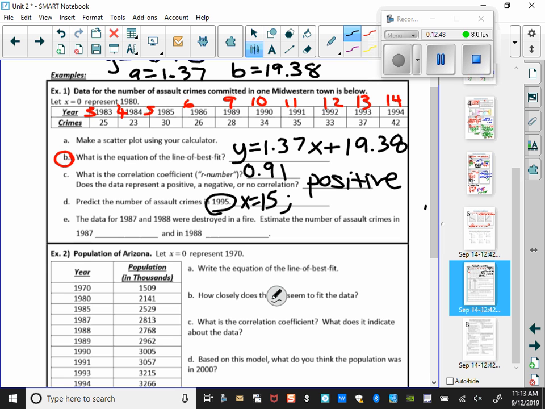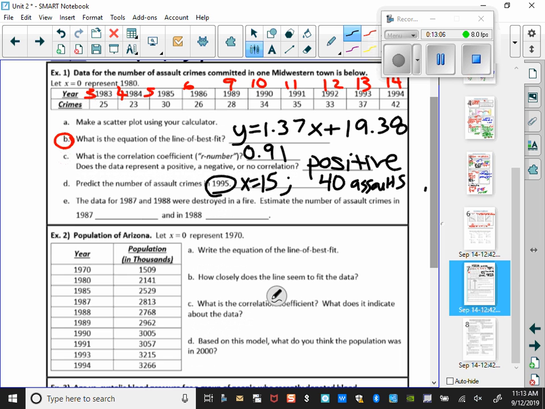Can I have 0.92 of an assault? Not really, so let's round it to a whole number. As a whole number, it would be 40 assaults.